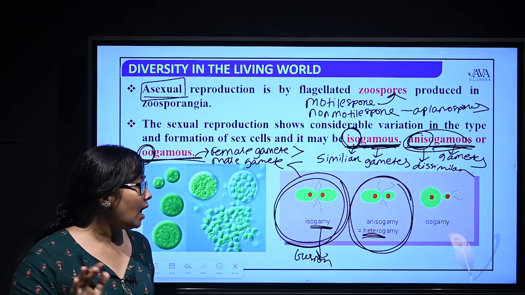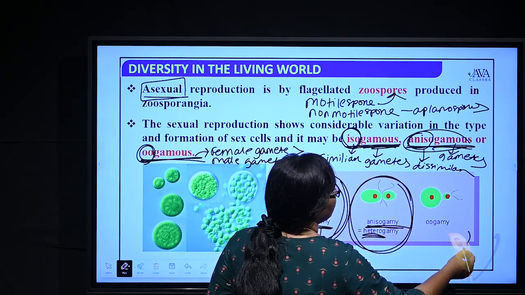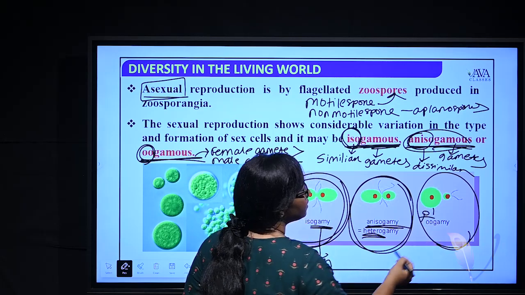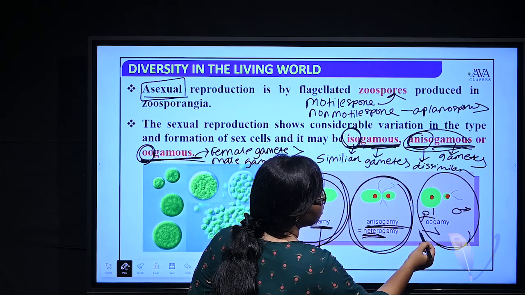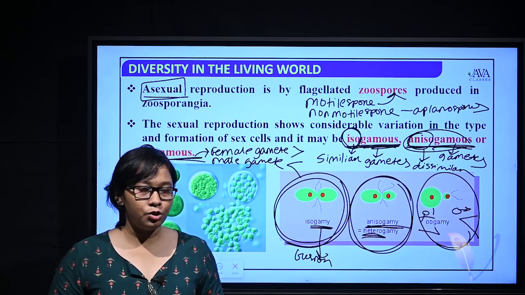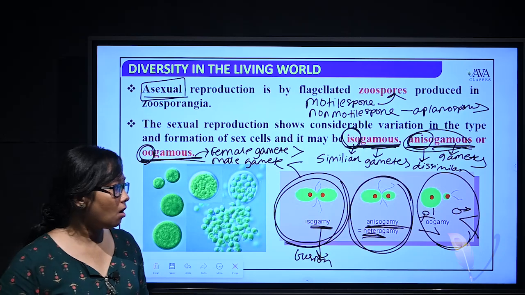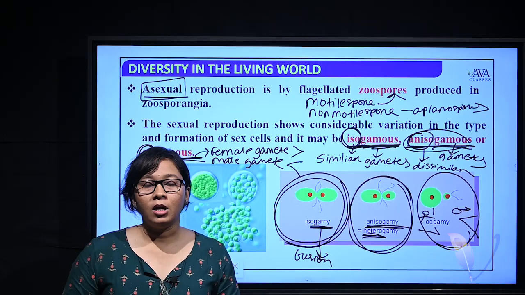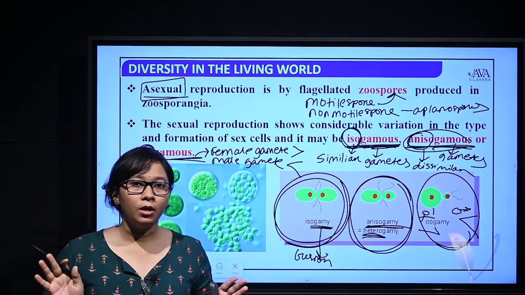Homo means same and hetero means different. When the female is the larger one and the male is the smaller one, and those gametes fuse, that type of fertilization process is called your oogamy. So in this way sexual reproduction is carried out in the algae.